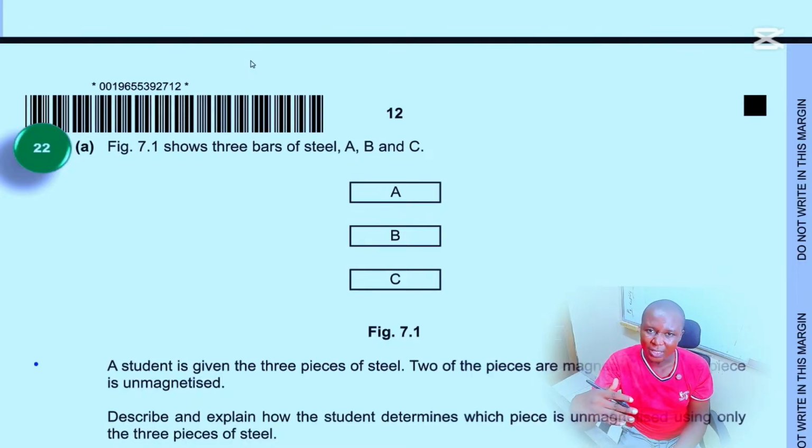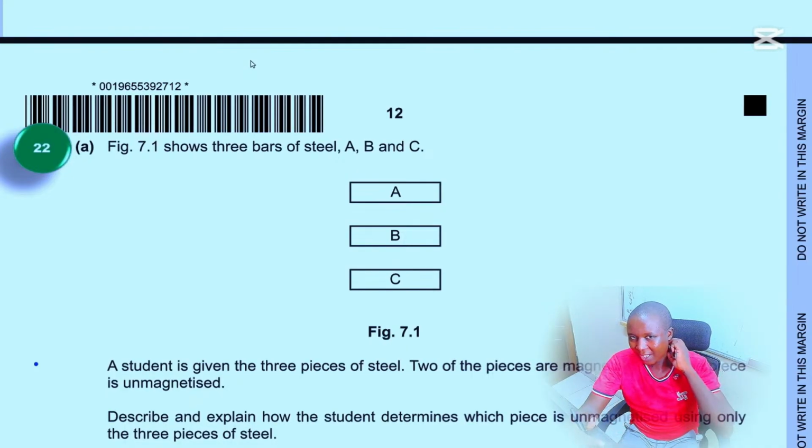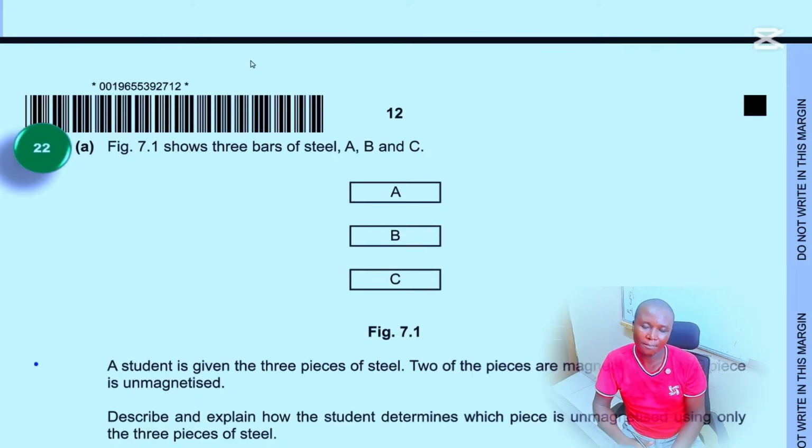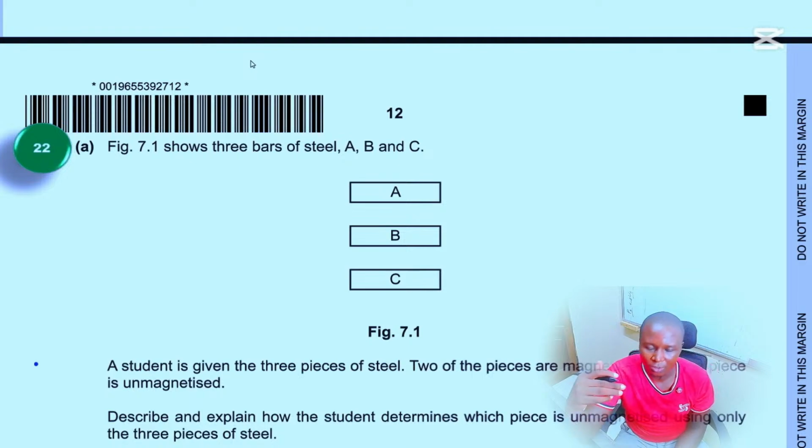You also need to understand different examples of these magnetic and non-magnetic materials. You need to know how to define a hard magnetic material and a soft magnetic material. Hard magnetic materials are materials which are not easily magnetized, but once magnetized, they retain their magnetism for a long period of time, and they are used to produce permanent magnets.